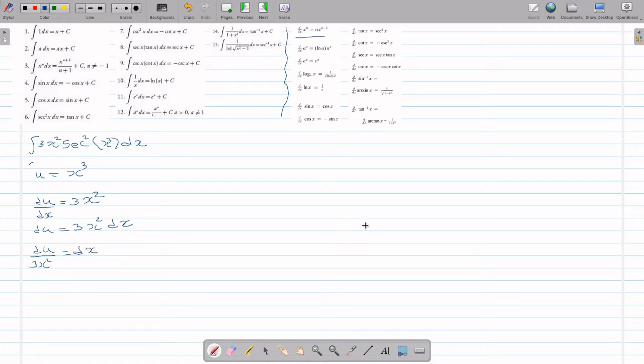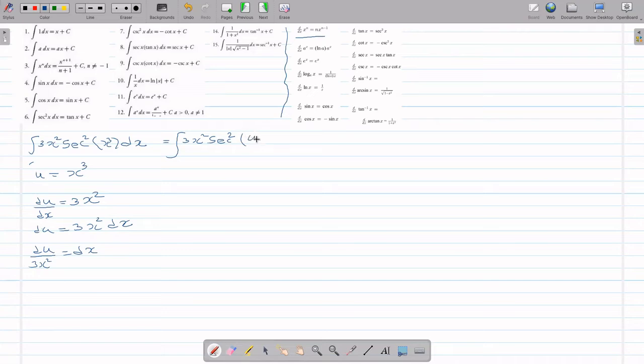Okay. So here I have to plug in. I will just put an equal sign here and plug in. So this 3x squared I keep. I get secant squared.